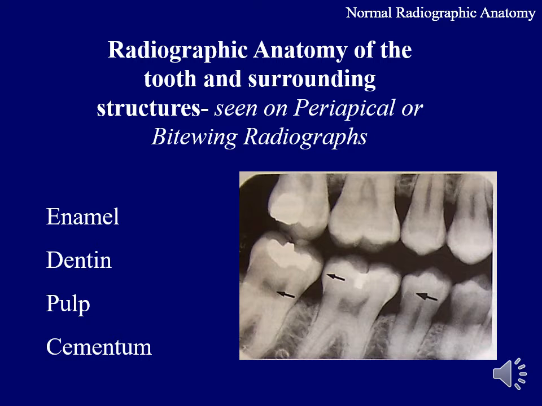The reduction of the pulp chamber is because of deposition of secondary dentin. The pulp chamber can also be reduced because of local factors like trauma to the tooth, caries, restorations, attrition, and erosion.